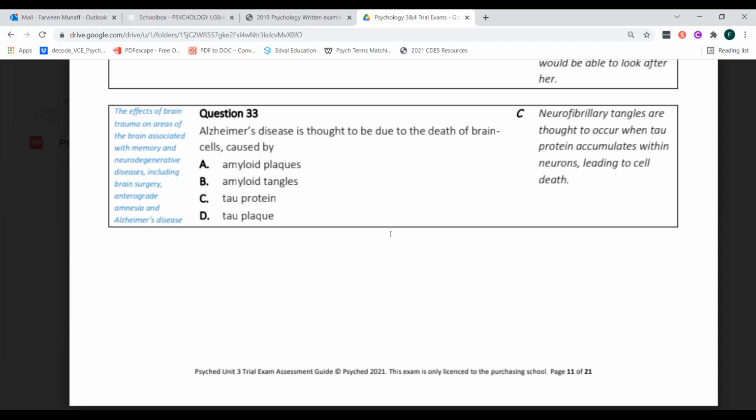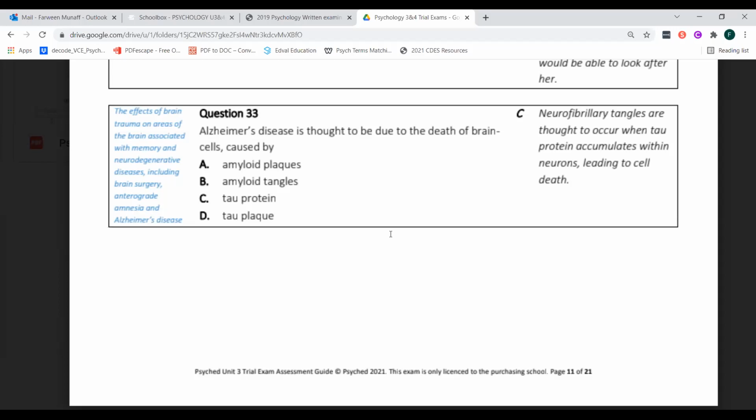Basically the tau protein forms a layer over the different neurofibrillary tangles. And so that tau protein, just like amyloid, is toxic to the brain and leads to cell deaths, also disrupting the neural communication and eventually causing the destruction of those cells.